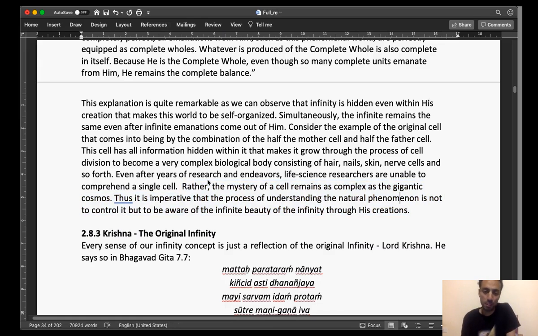So that is the purpose: a person who has this much realization can appreciate the bigger thing. But a person who has no realization at all cannot appreciate anything, because he has nothing in his pocket. That is why we should try to appreciate even a little bit of the glory of Krishna, and that will help us appreciate the infinite beauty of Krishna.